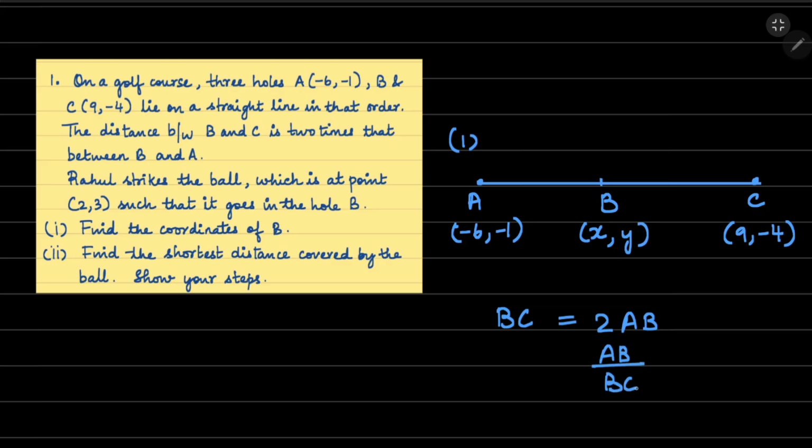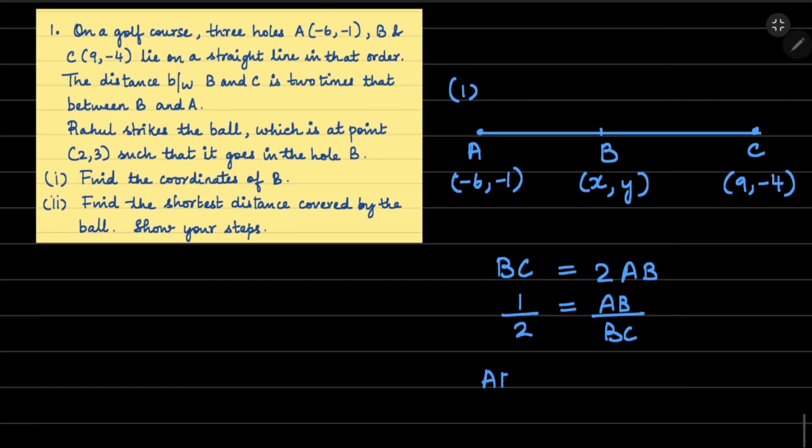AB by BC will be 1 by 2. How is that? AB divided by BC, the 2 goes to the denominator, so when you take 2 to the LHS, it will be 1 divided by 2. So AB is to BC will be equal to 1:2. So the ratio we know now is 1:2.